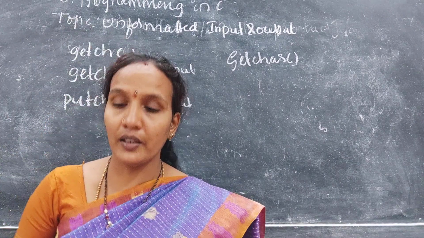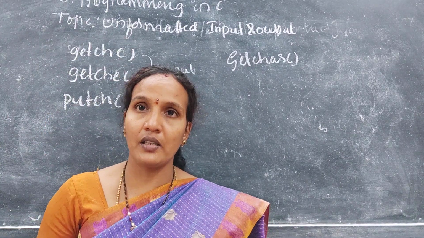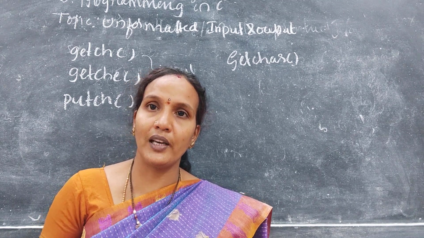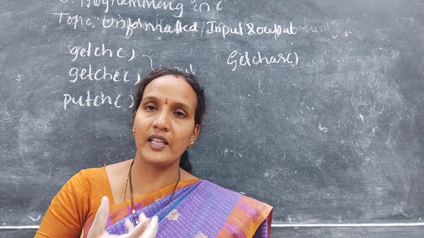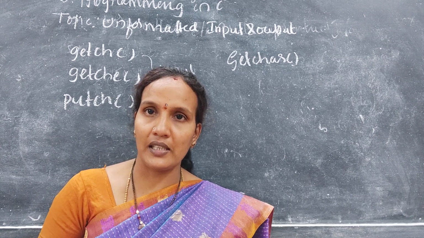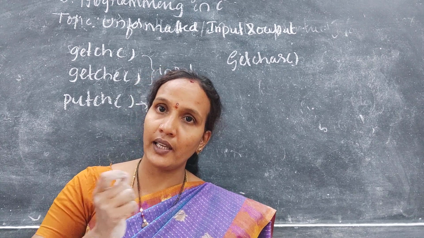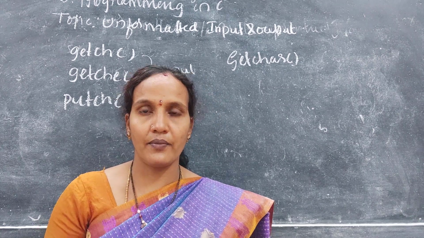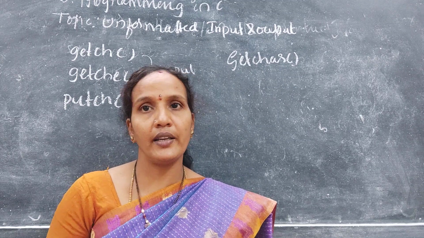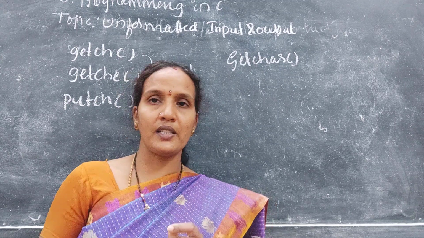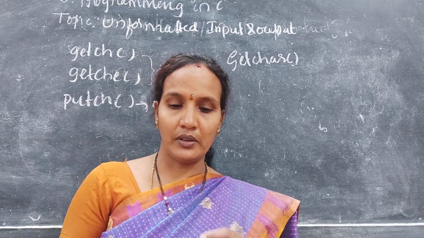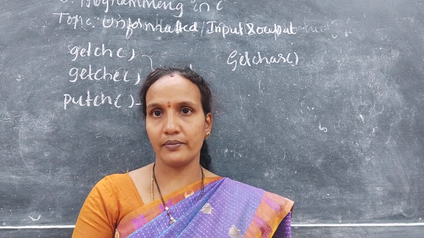Actually, here is one difference you need to remember, and in viva the externals will mostly ask: what is the difference between getch and getchar? Both functions are used to collect input from a user. That is one point.